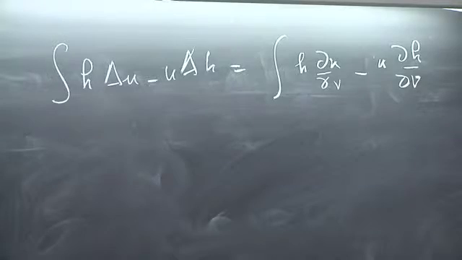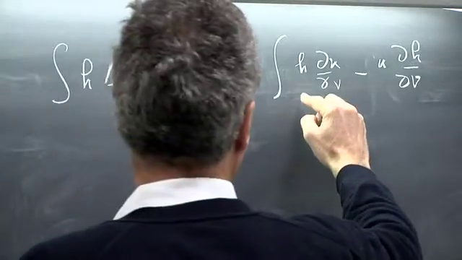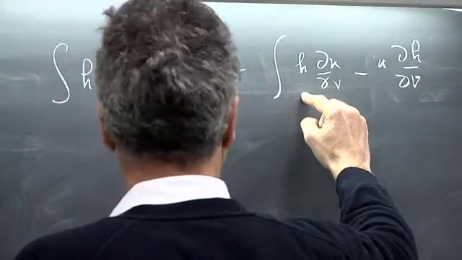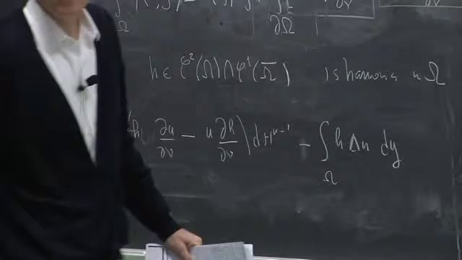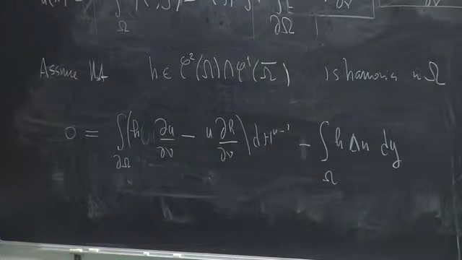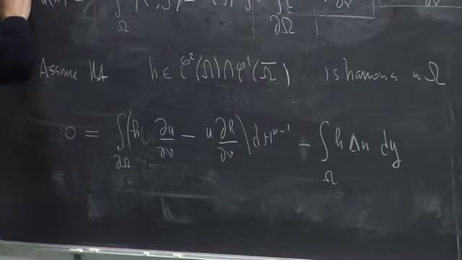So if Laplace of h is identically equal to 0, this is 0, and therefore h du over d nu minus u dh over d nu minus h Laplace of u is identically 0. I have this equality here. Now I can add this to this. So let me call this formula 1. Let me call this formula 2.